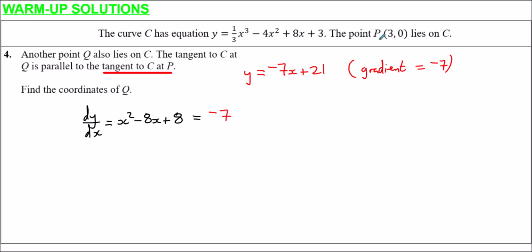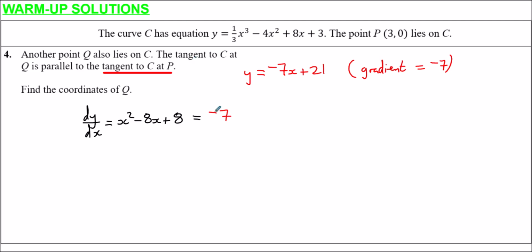For point P, if we substitute in 3 into this expression, then understandably we'll get minus 7 as the answer. But what other value of x would give us a gradient function of minus 7? That other x coordinate will be the coordinate at point Q.